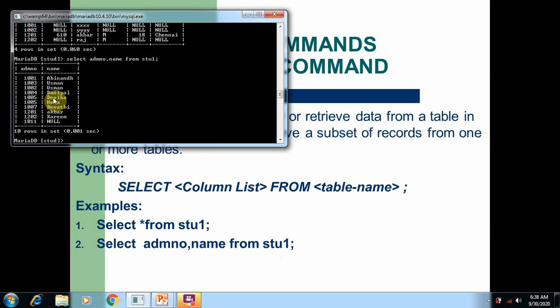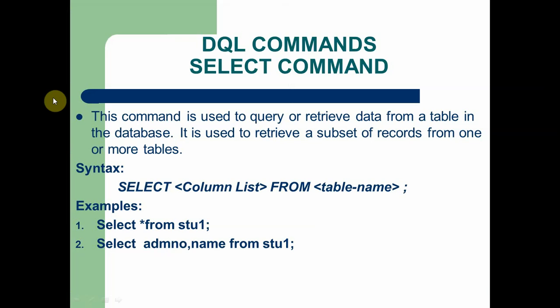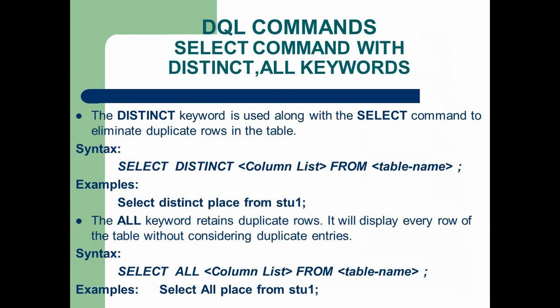In the same way, we can also use the select command with different clauses, like distinct and where clauses, which we are going to discuss here. The first keywords are distinct and all. In the select command we use the distinct and all keywords. The distinct keyword is used along with the select command to eliminate duplicate rows in the table.